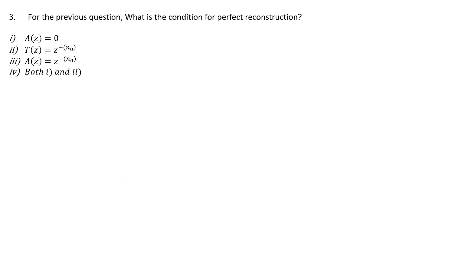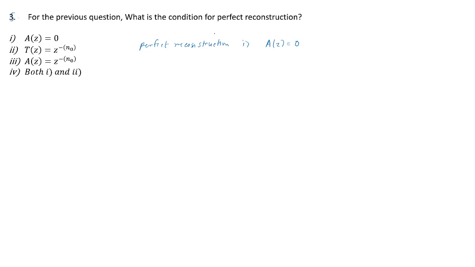Okay, for the previous question it asked what are the conditions for perfect reconstruction. From our discussion we already know that one immediate condition is A(z) is equal to 0. So you might be very tempted to take the first option as correct, but let us also explore the other options.